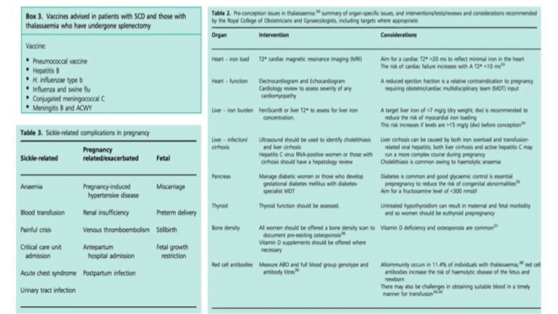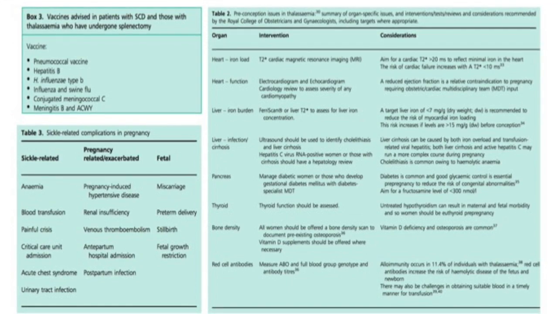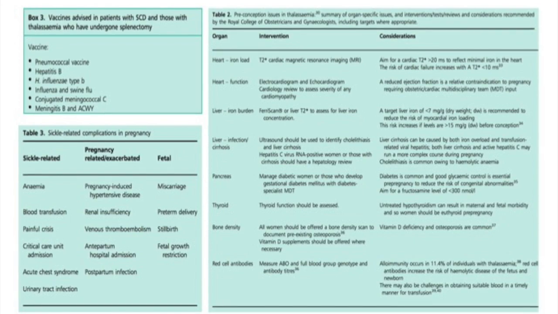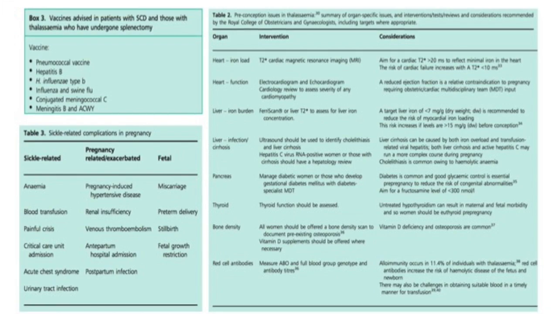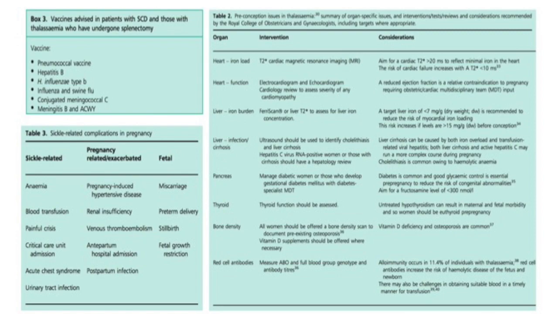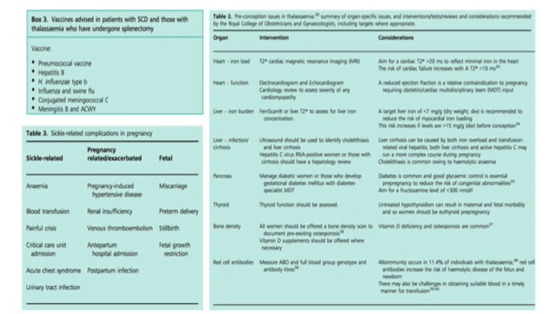Ultrasound should be used to identify cholelithiasis and liver cirrhosis. Hepatitis C virus RNA positive women, and those with cirrhosis, should have a hepatology review. Liver cirrhosis can be caused by both iron overload and transfusion-related viral hepatitis. Both liver cirrhosis and active hepatitis C may run a more complex course during pregnancy. Cholelithiasis is common owing to hemolytic anemia.